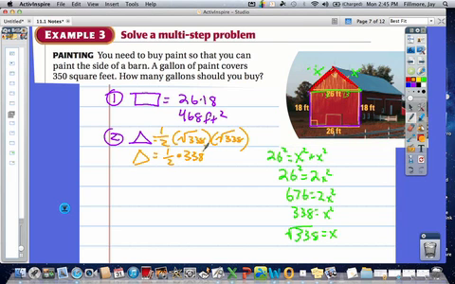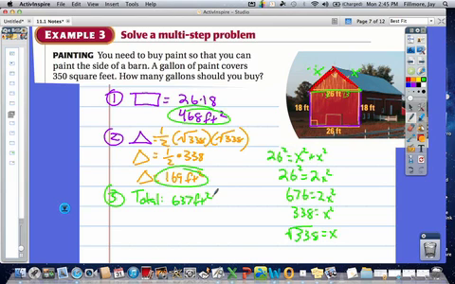And if you divide 338 by 2, which is the same as multiplying it times 1/2, this is 169 square feet for your triangle. So we know that the rectangle is 468, the triangle is 169, so that means that the total area, when we add those together, is 637.